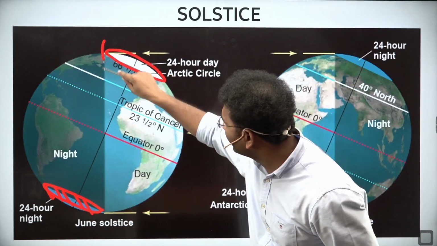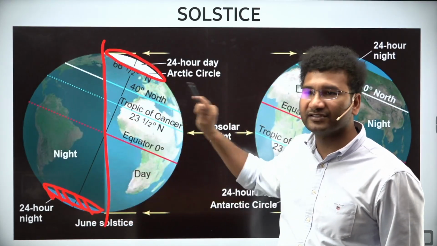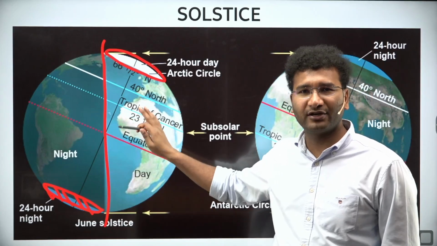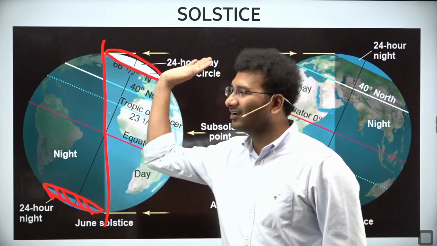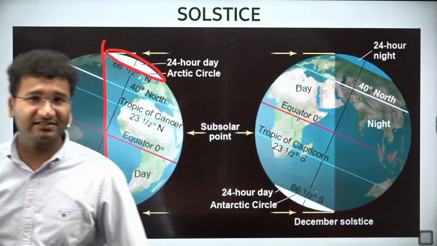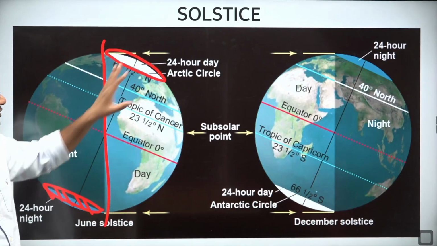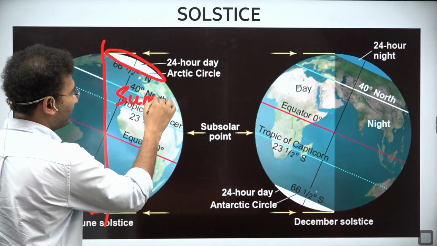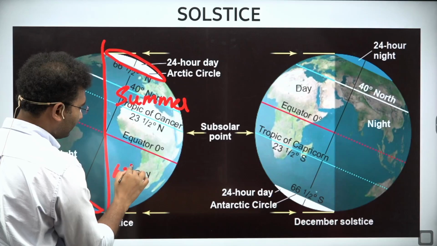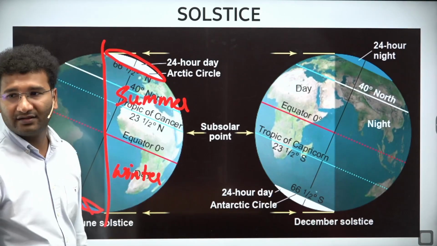The area of illumination is always 50% of the earth. Look, 50% of light is there on the earth. It is just that our earth is tilted. That's it. Because of this tilt, you get to see seasons. Now in the north, it is summer, and it is winter in the southern hemisphere during the months of June.